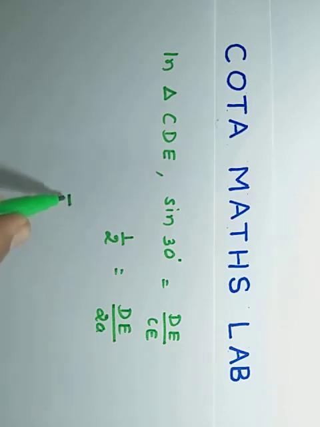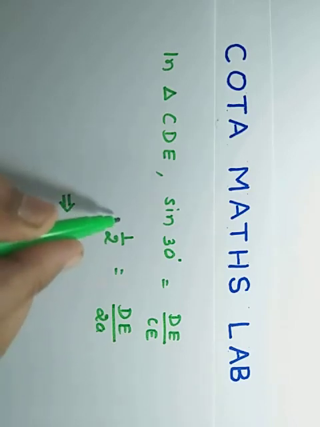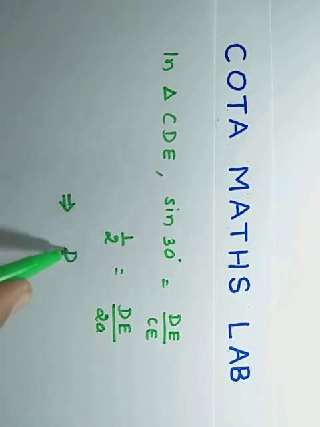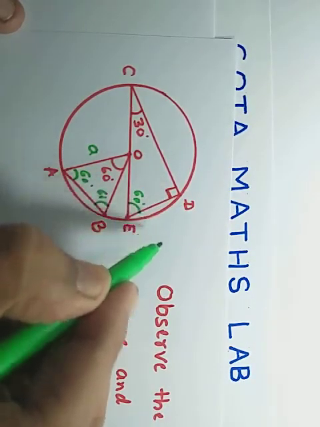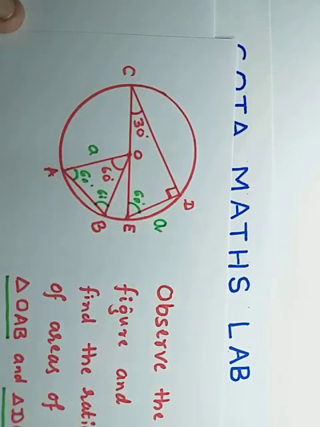This implies, on simplification, 2a comes this side, 2 cancelled, DE is equal to a units. And hence we got, friends, DE is equal to a units.